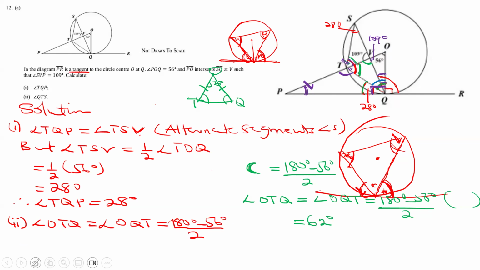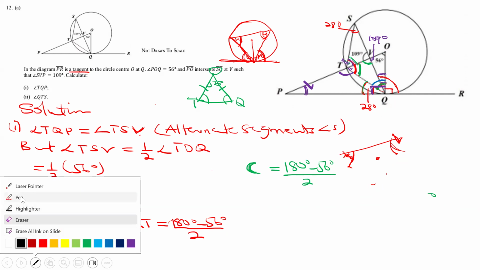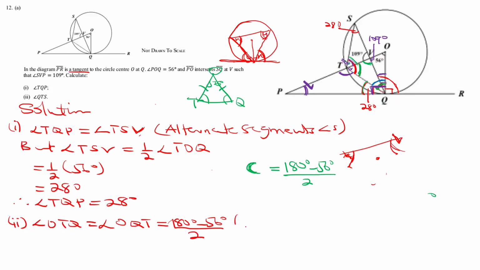So I'm going to clear this, then I'll write my reason there. Okay, so let me go and do what I want to do. So I put my reason in bracket, and that will be base angles of triangle OTQ, and that is an isosceles triangle. If you like, you can write isosceles triangle. Is that okay?